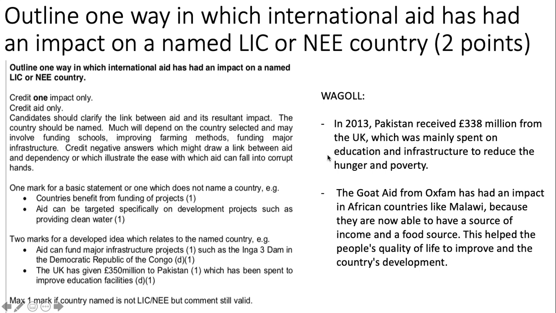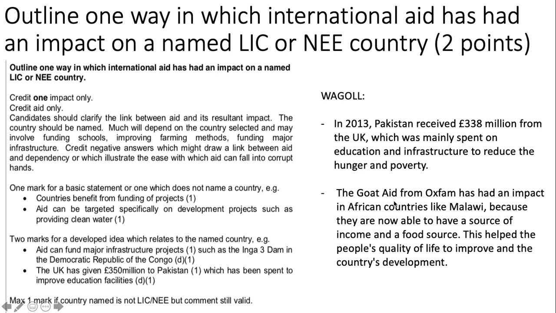So the 2 examples that we've studied were represented really well in the answers. So firstly, Pakistan received £338 million from the UK, which was spent on education and infrastructure to reduce hunger and poverty. So we've got really clearly a named example, and we've got the impact on it.